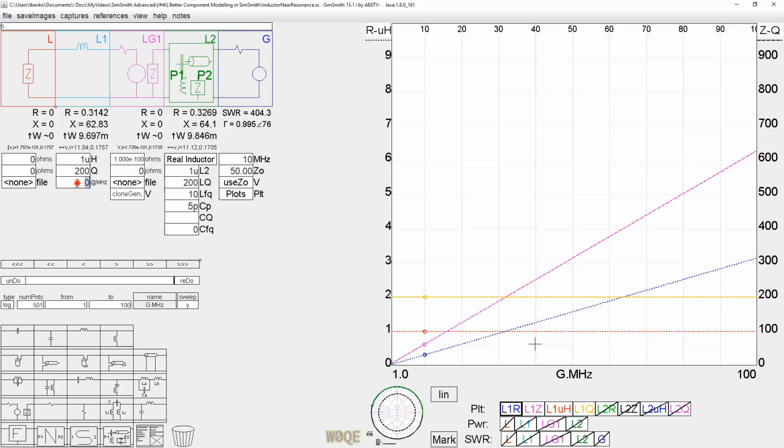If you put a number in here in SimSmith, it would have no idea what number to put in here. Classic numbers to put in here are 790 kilohertz, 2.52 megahertz, 7.9 megahertz, and 25.2 megahertz. The reason being that those were the frequencies that the old HP Q meter used to read Q directly out on the dial.